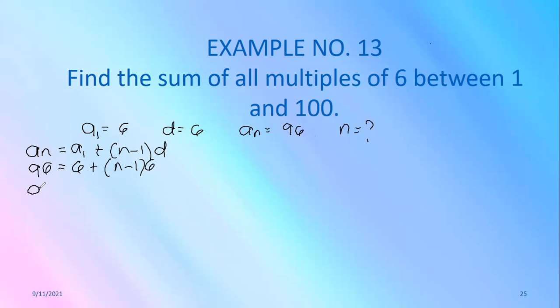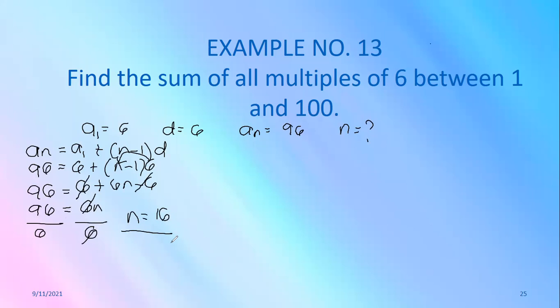So 96 is equal to 6 plus distributive property of multiplication. So magiging 6 times n, so 6n. 6 times negative 1, that's negative 6. So in this case, mag-cancel lang si negative 6 dito. So 96 is equal to 6n. So para mahanap natin yung number of terms, i-divide natin both sides by 6. So n is equal to 16. Ibig sabihin, meron kang 16 numbers na merong multiples of 6 between 1 and 100.